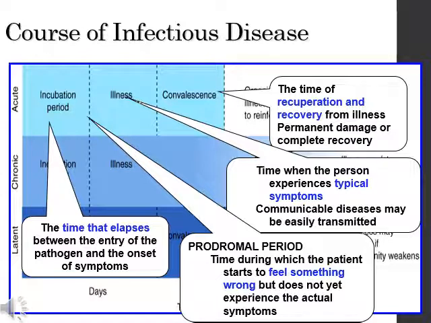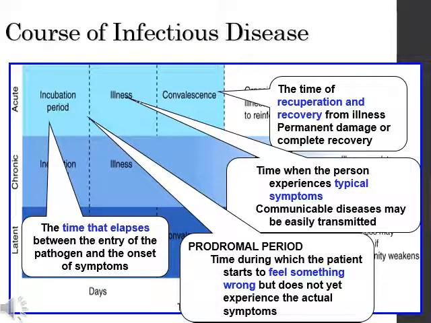Now in the diagram you can easily study these things. What is the incubation period, or what is the prodromal period? Let's start from the prodromal period. Prodromal period is a period of any disease after the initiation or penetration of the organism, a stage or a time during which the patient starts to feel something wrong but does not yet experience the actual symptoms.